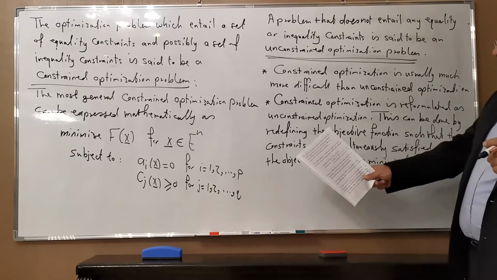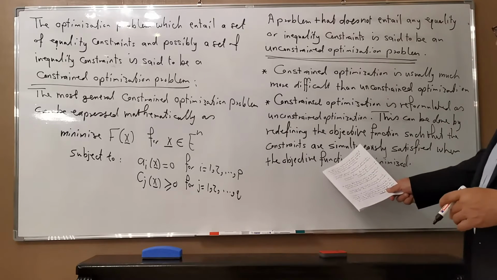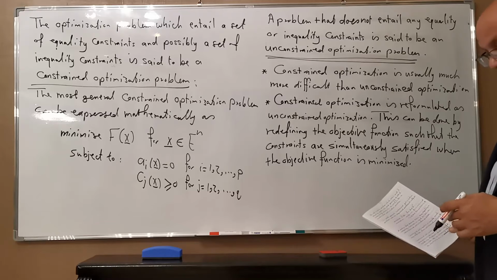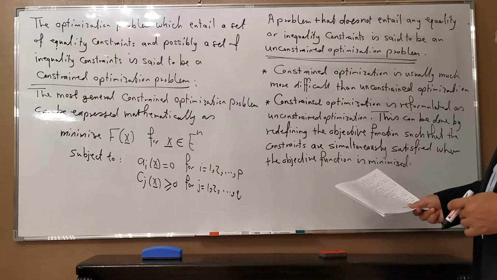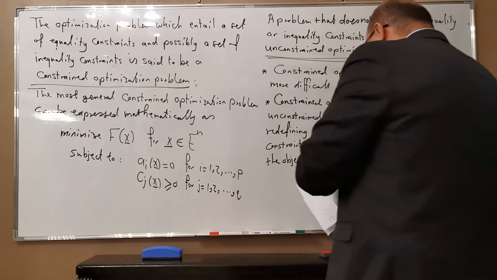Usually the constraints are added in a certain method to the objective function, and everything is solved at the same time. So they are solved simultaneously. We will see this in the future lectures.